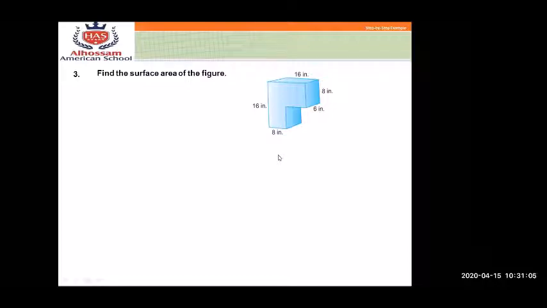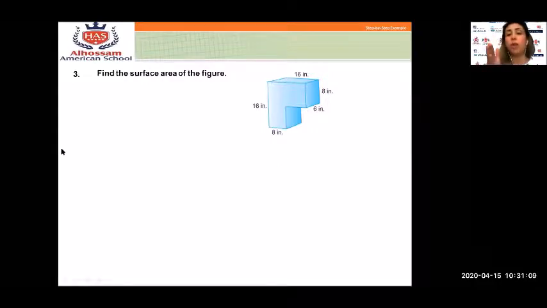Thank you. So guys, now regarding the surface area, the same, we are going to split the figure. What is the meaning of the surface area? It means that I have to find the area of each surface.